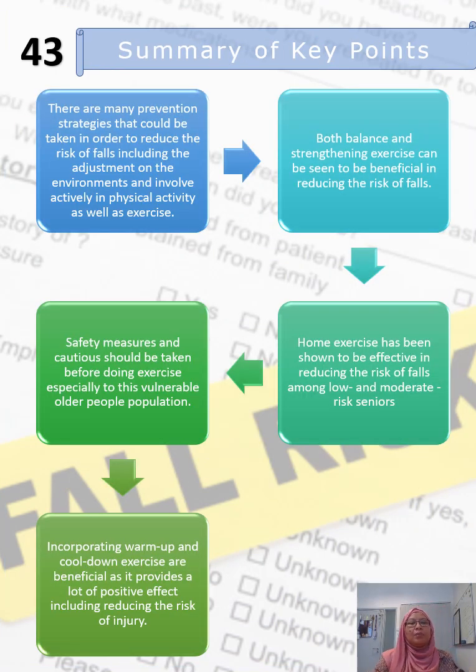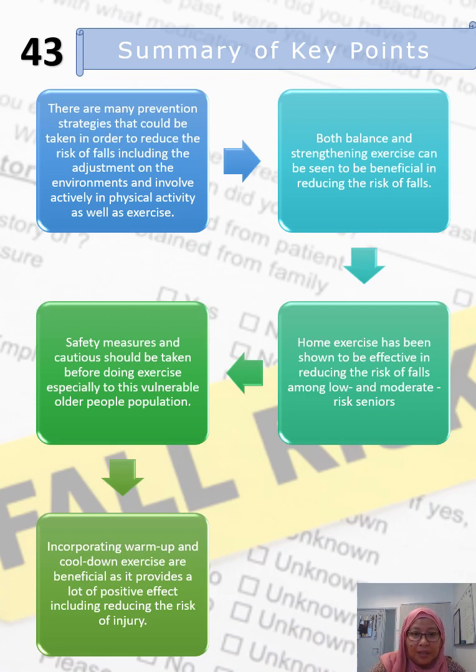Okay, so let's summarize the key points that we have learned. There are many prevention strategies that could be taken in order to reduce the risk of falls, including the adjustments on the environments and involving actively in physical activity as well as exercise. So these are the two important key prevention strategies highlighted in this topic.